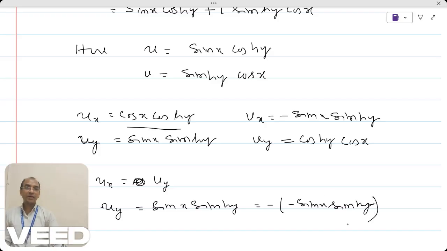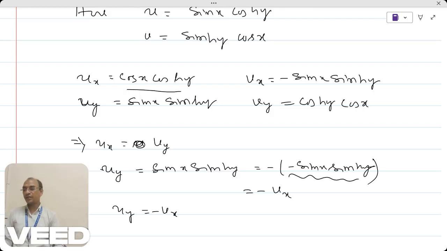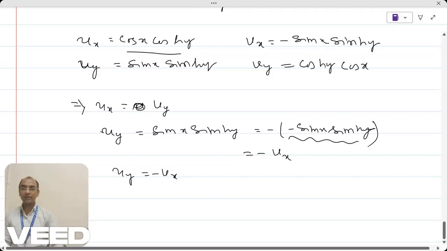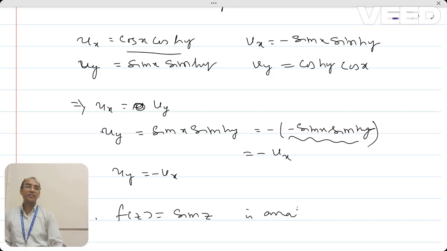Minus of minus will be plus, so this is equal to minus vx. So uy equal to minus vx. So both the CR conditions are satisfied. Therefore, we can say it is analytic everywhere. Therefore, f of z equal to sin z is analytic everywhere.